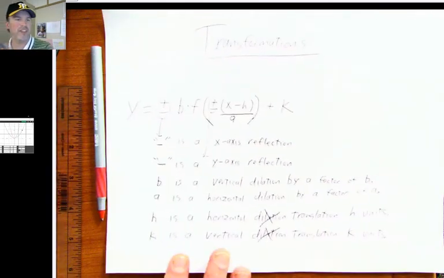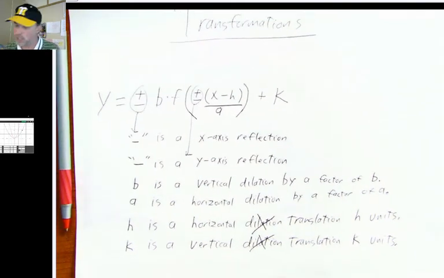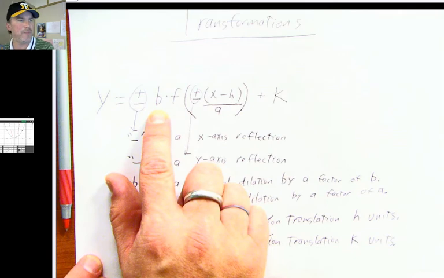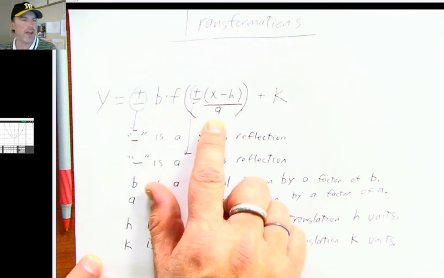This is the new one. And this is the final one. And the only thing that I've added to this is I've added the letter B out front of the function. And here I added the letter A for the horizontal function.